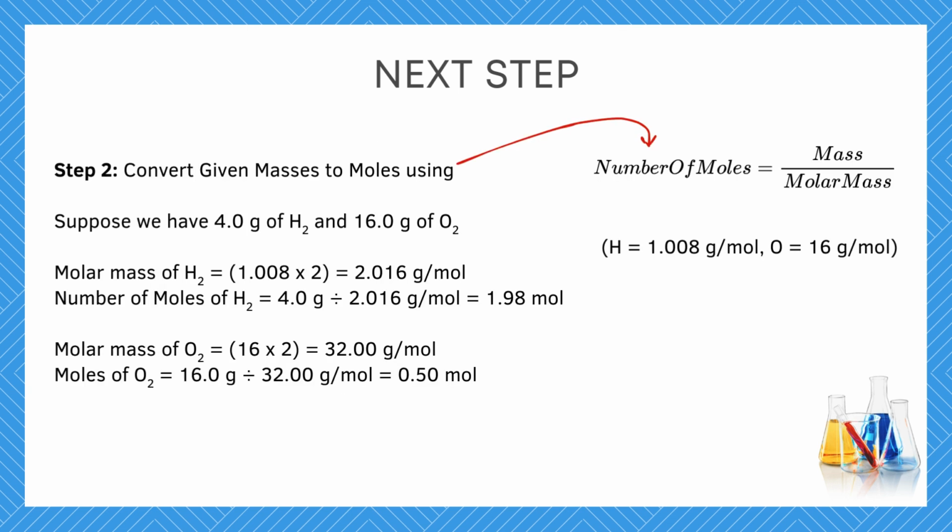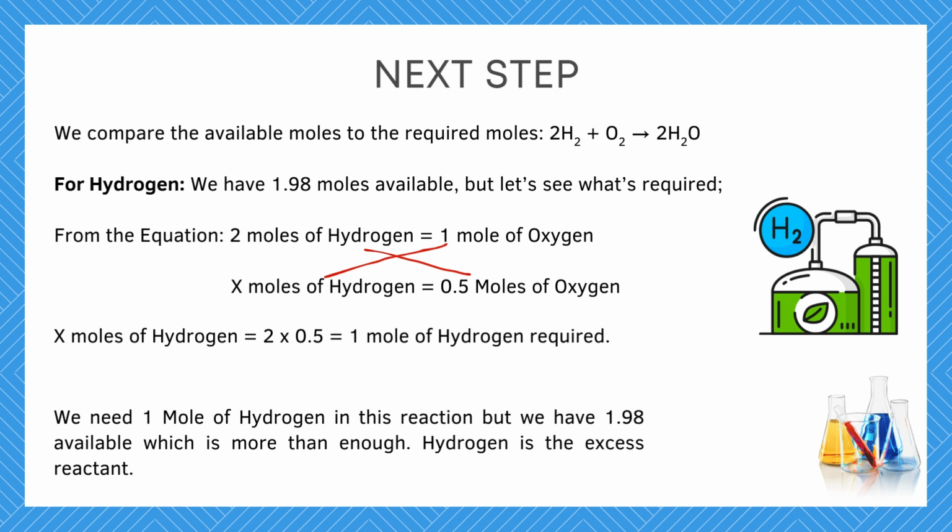From the calculation that we did, we have seen that we have 1.98 moles of hydrogen available and we have 0.5 moles of oxygen available. We have the information of what we have on ground. So now we want to know what is required, because when we know what we have on ground and then we find out what is required, that will tell us if what we have on ground is enough.